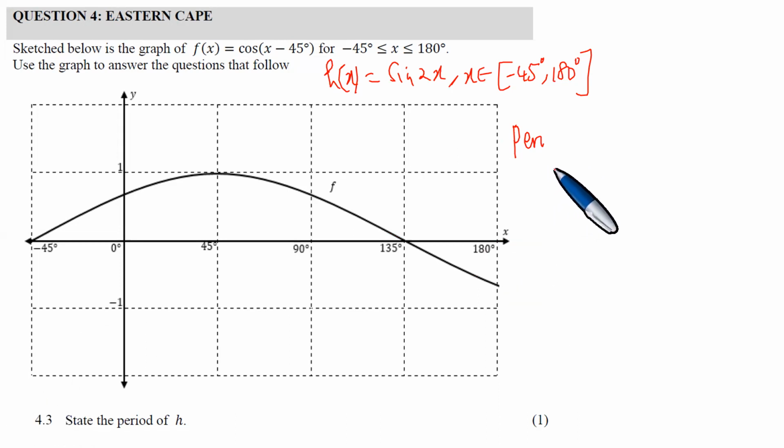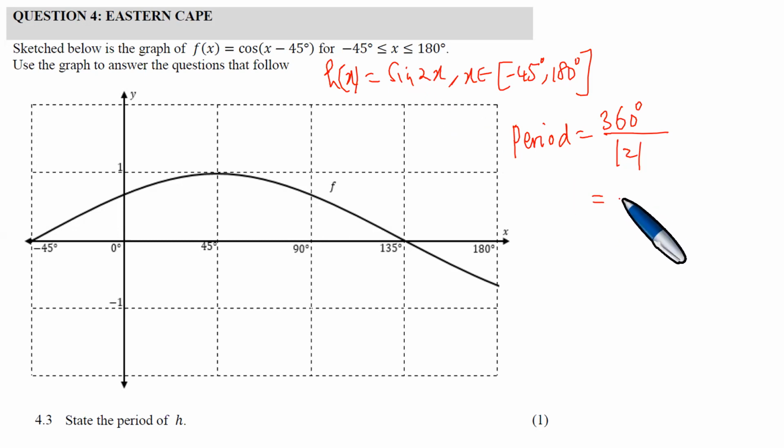The formula for the period is as follows. The period is actually 360 degrees, because the period of the sine is 360, the period of the cosine is 360, the period of the tangent is 180 degrees. But it is divided by the modulus of the number 2, or the absolute value of the 2.